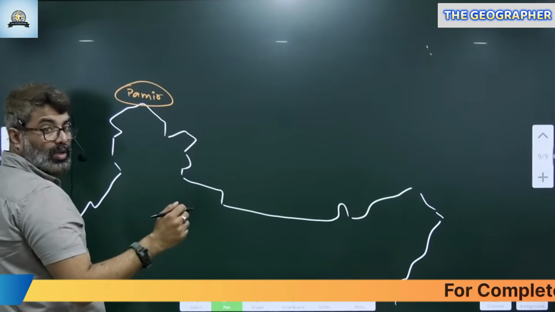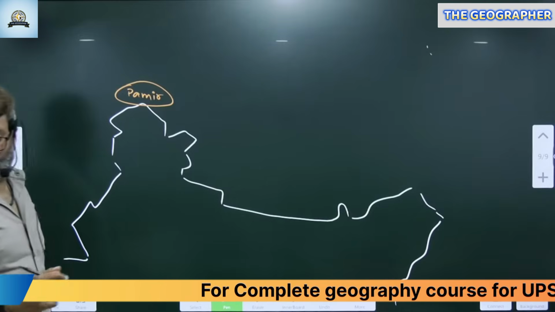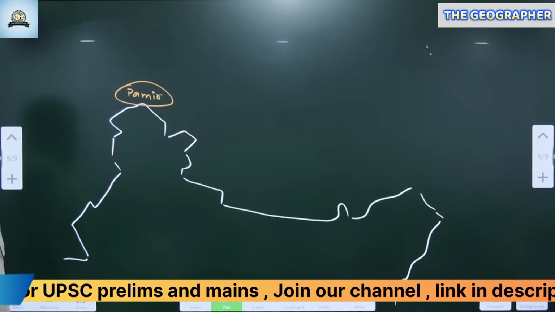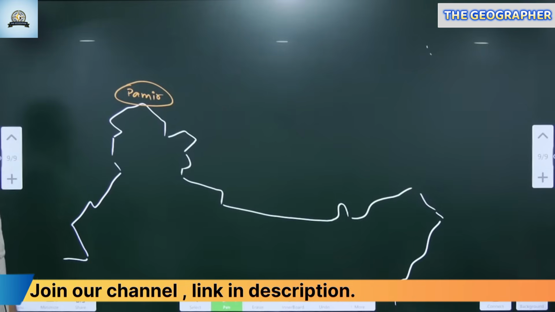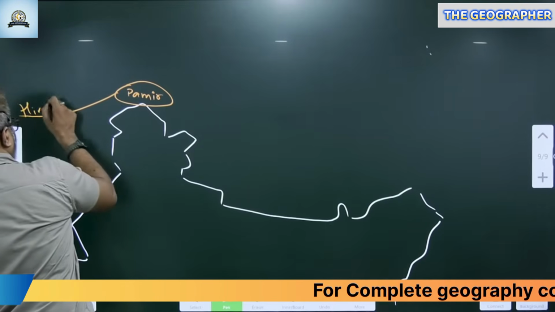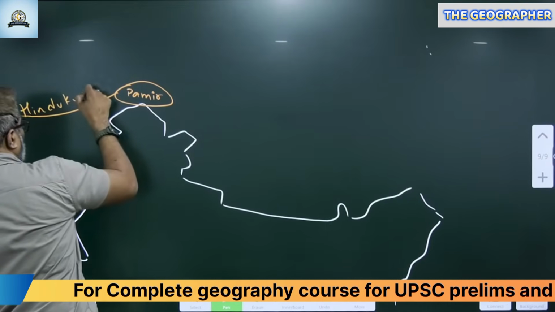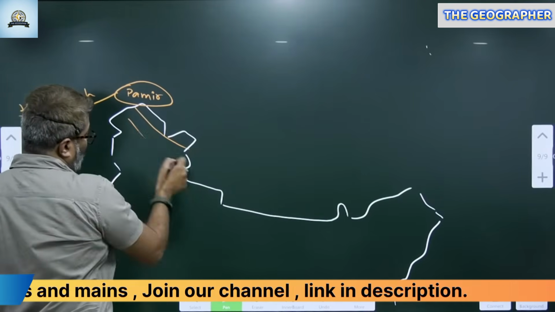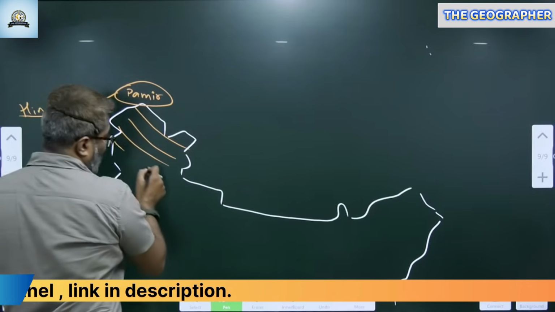Look at Pamir, north of India. Same map, Asia map. North of India, here, physical map. Pamir. This side, Hindu Kush. Hindu Kush. This side, Karakoram, Ladakh, Jaskar, Greater Himalayas.